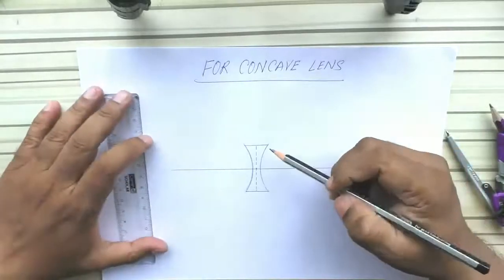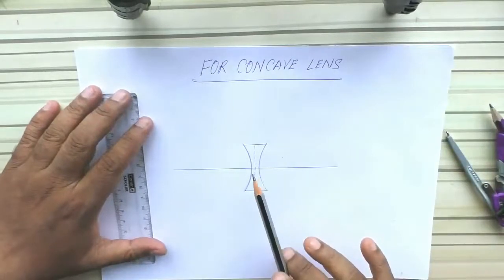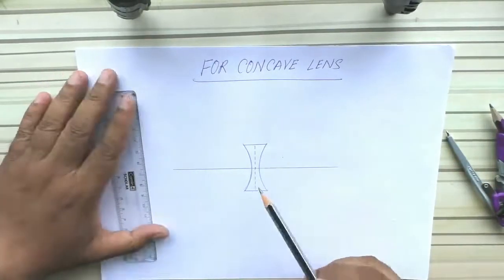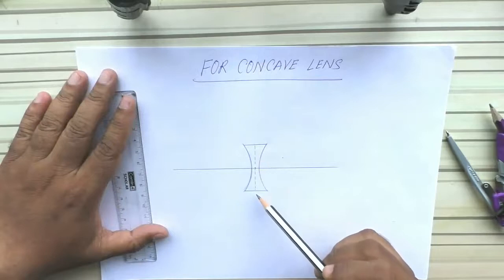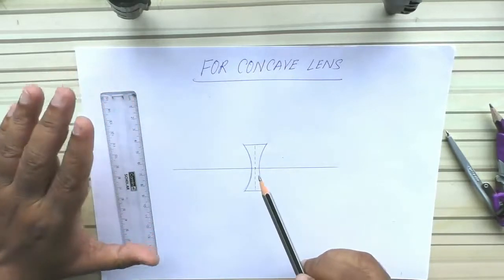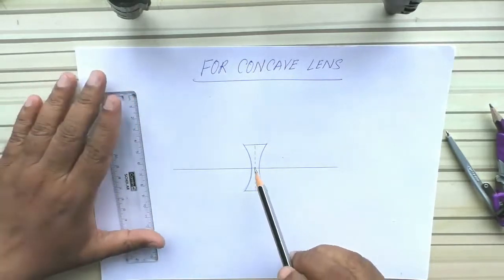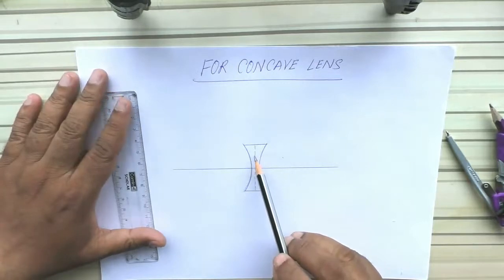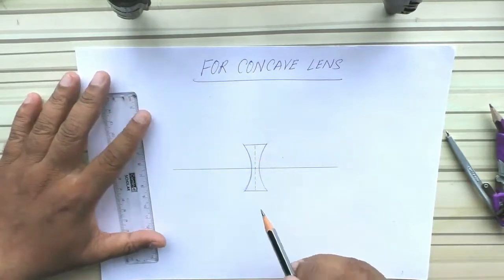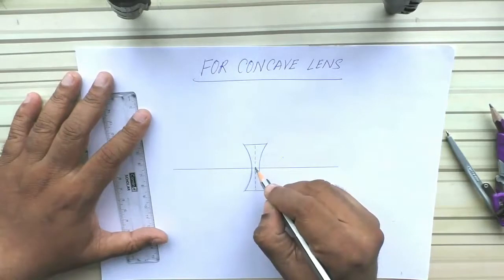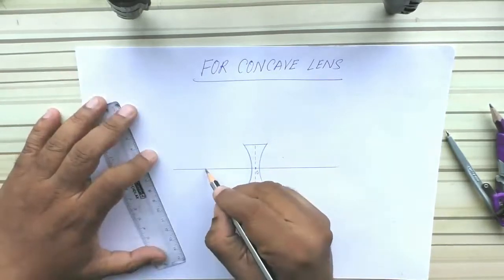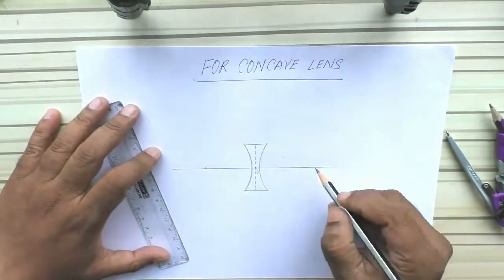And I have already told you that when a ray of light passes through a lens, it suffers refraction 2 times, but we are drawing this midline that helps us to change the direction only once. We'll change direction from this part and this line will help in that. You can draw it. The center point is the optical center here, and this is the center of curvature.